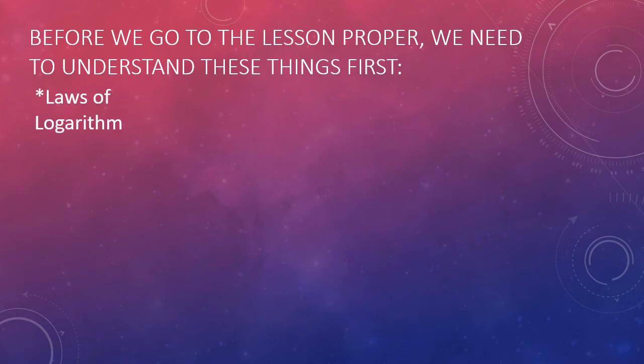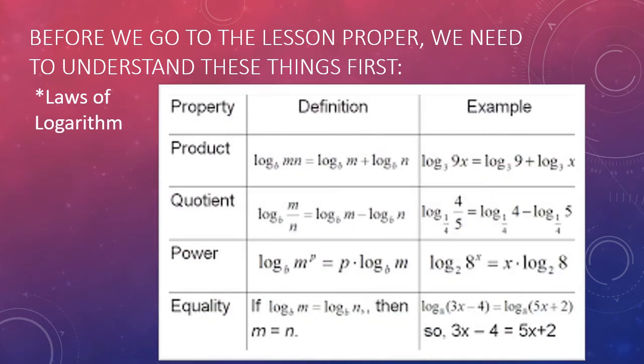And the second thing that we should remember is the laws of logarithm. There are 4 basic laws that we should remember. First is the product. When we say product, it talks about multiplication. So when we see the logarithm of mn to base b, we can also express this as the logarithm of m to base b plus the logarithm of n to base b, and vice versa.